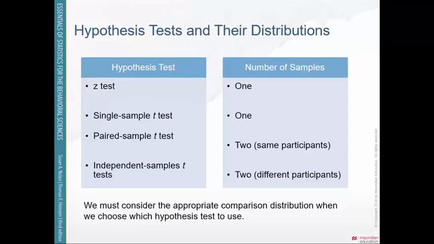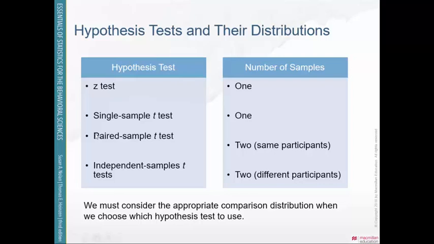And again, if the sample mean is very different from your population mean, you would say that we reject the null hypothesis, that we think that our treatment had an effect. And if the sample mean is not very different from the population mean, then we would say that we are going to fail to reject or retain our null hypothesis, and that we think any difference between the sample mean and the population mean is just sampling error.